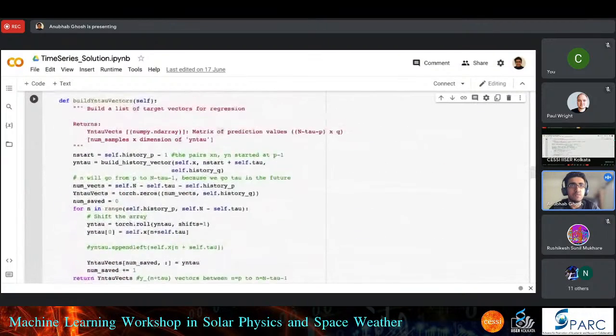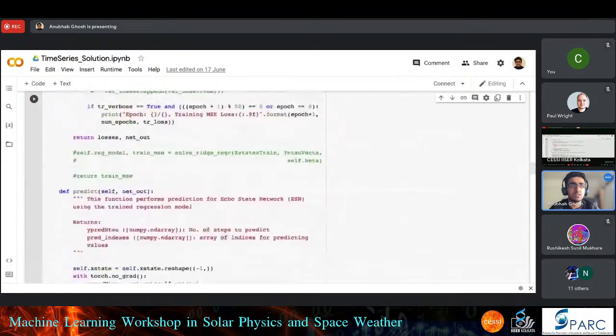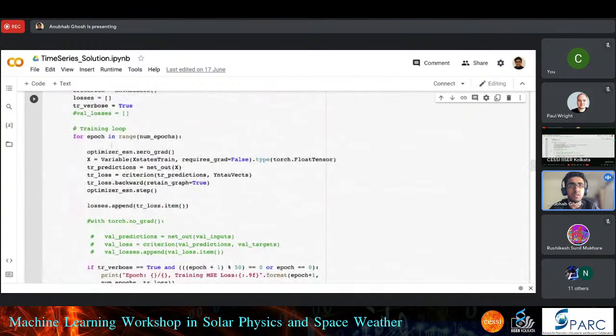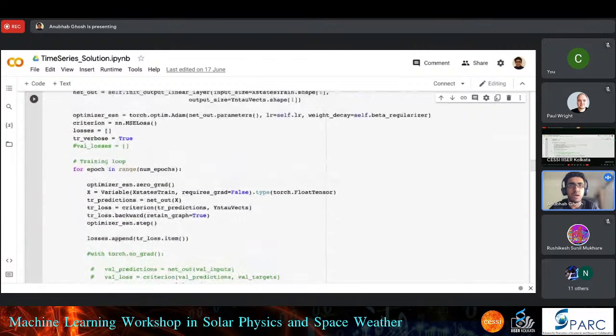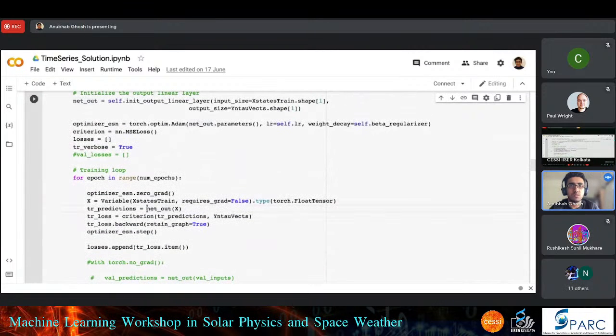And once you have done that, there is some code to already train the function. So basically, you have your model. The only trainable part is the output layer, which is the output matrix here that you initialize using this part, and the rest of the things are untrained, right? So you only pass your predictions to the output network and then compute a loss.